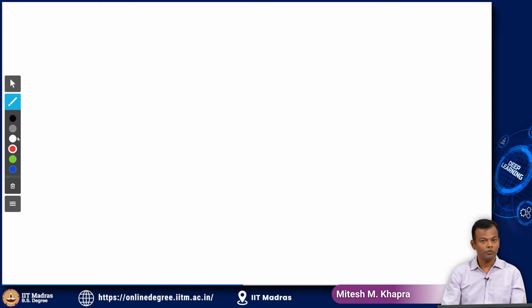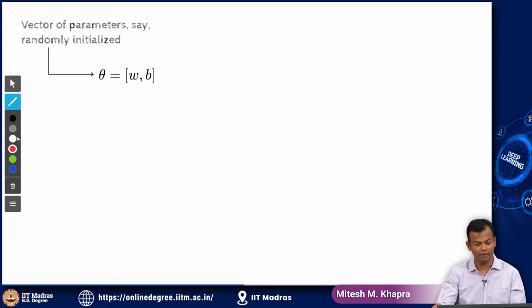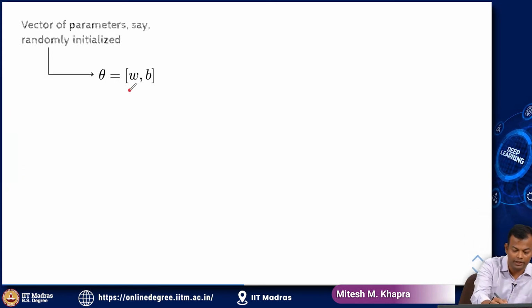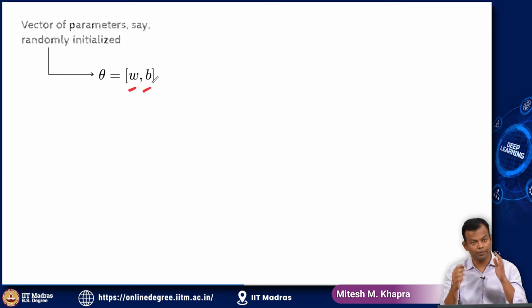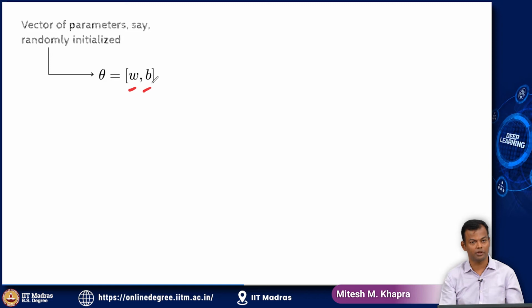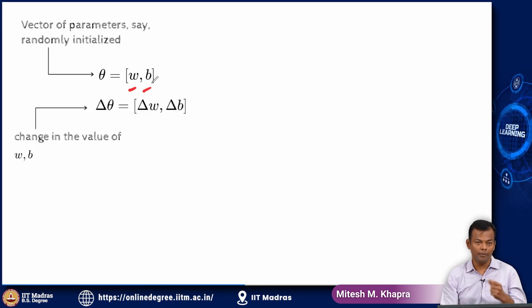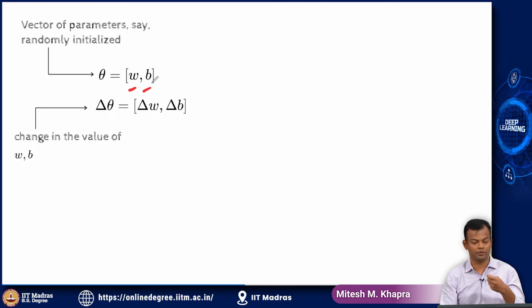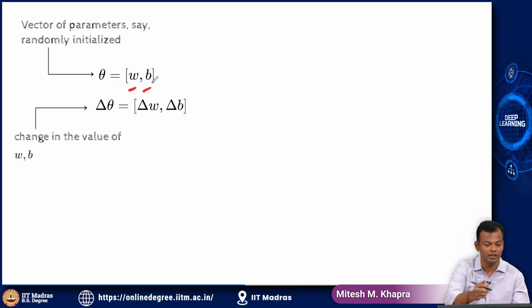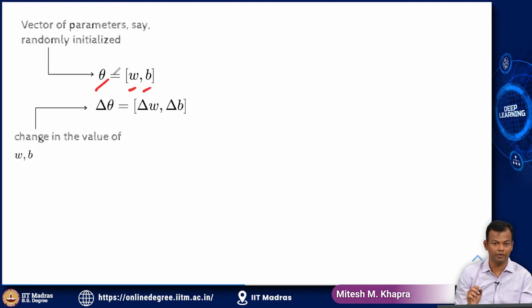So let's look at the setup now. We have our parameters in the toy network, w comma b. I'm just going to put them in a vector and call that vector theta. So theta is my parameter vector, and I'm looking for changing this value. Just as is always the case, I don't know what the correct theta is, so I'm going to start off with some random value for theta.